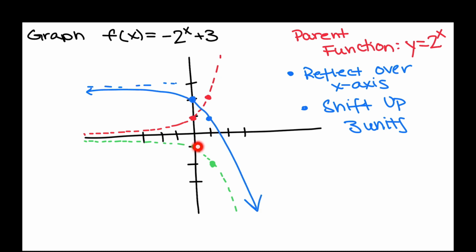So my y-intercept goes up 1, 2, 3 units. It's now at 0, 2. This point, 1, negative 2 goes up 1, 2, 3 units. And that asymptote also went up 3 units. So originally we had an asymptote at y equals 0. It went up 3 units. It's now at y equals 3.